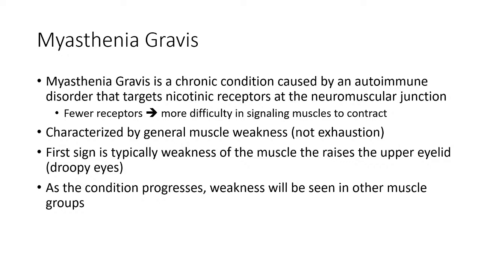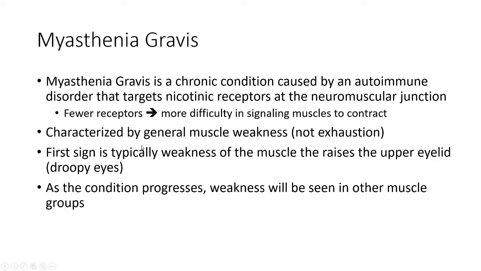Myasthenia gravis, we mentioned before, is a chronic condition caused by an autoimmune disorder that targets nicotinic receptors at the neuromuscular junction. This leads to fewer receptors, which means it's more difficult to signal the muscles to contract. It's generally characterized by muscle weakness, but not exhaustion. People with myasthenia gravis are not tired, they're just not able to tell the muscle to contract.